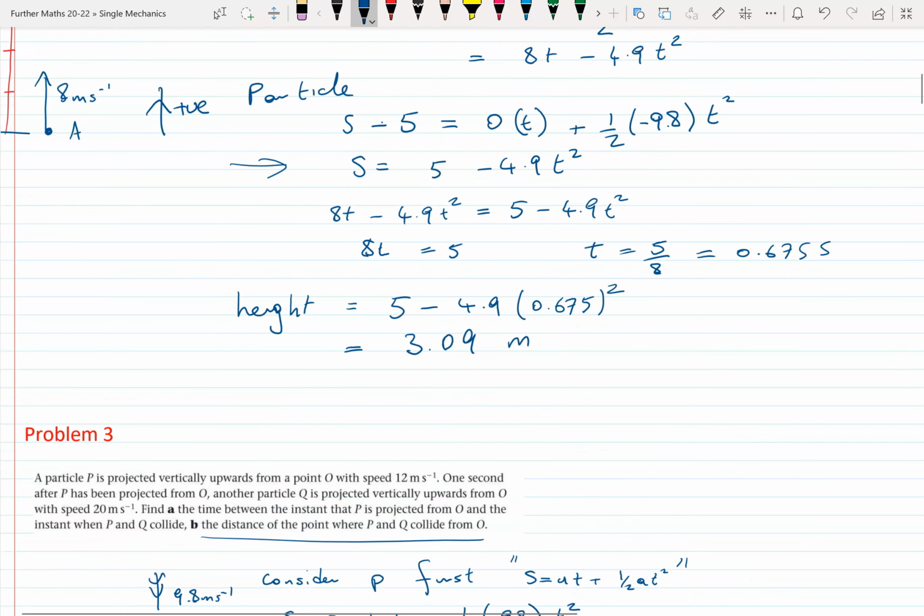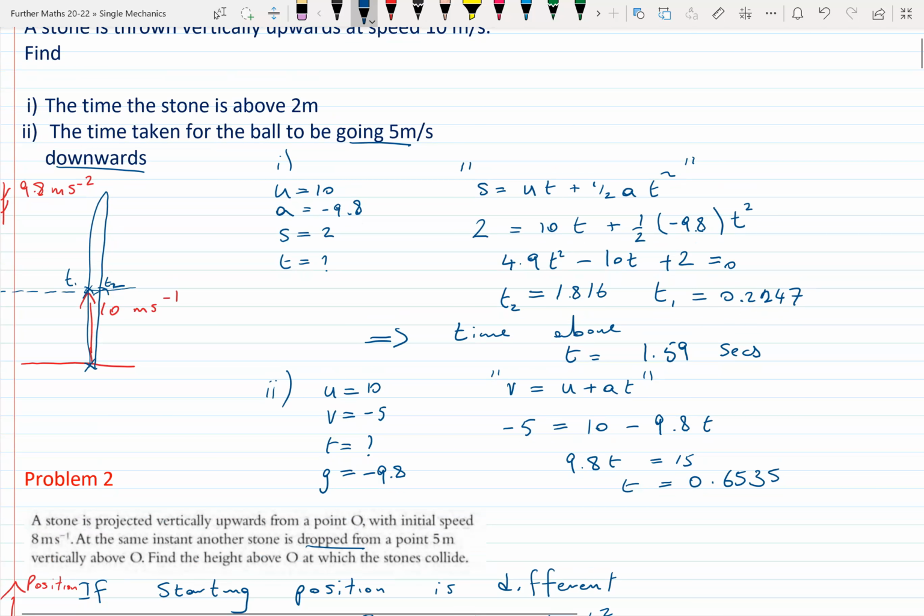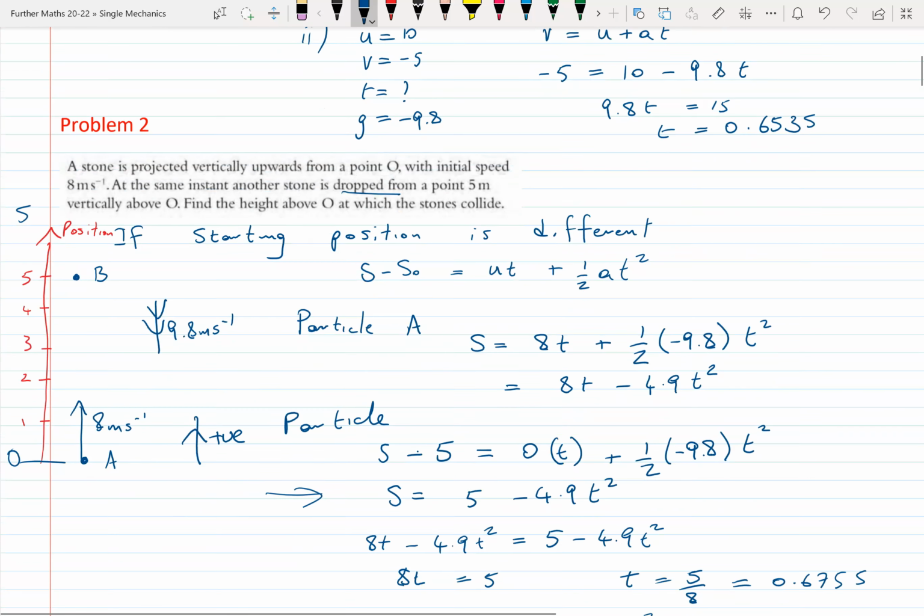So there we go. We had three different types of problems. The first one was just making sure we understood what displacement is, and that there are two different times when the displacement would be the given value in this particular question.